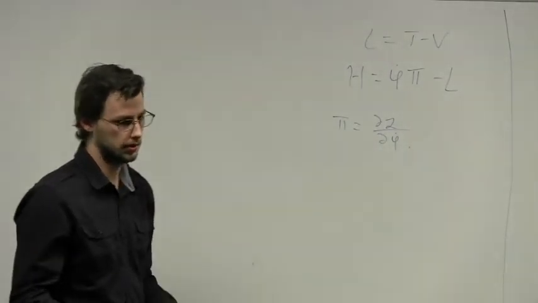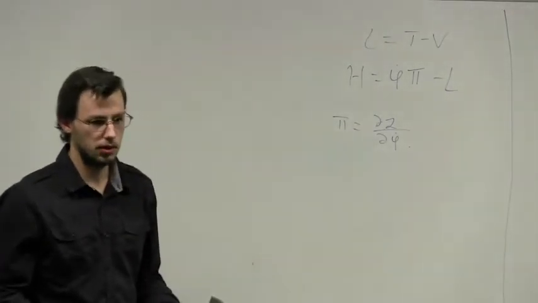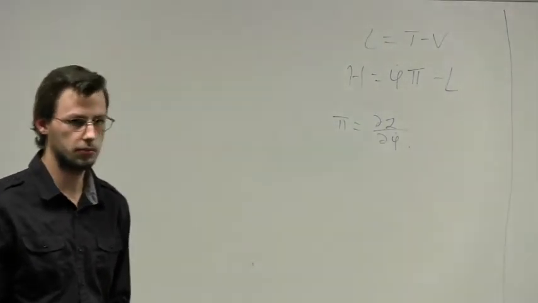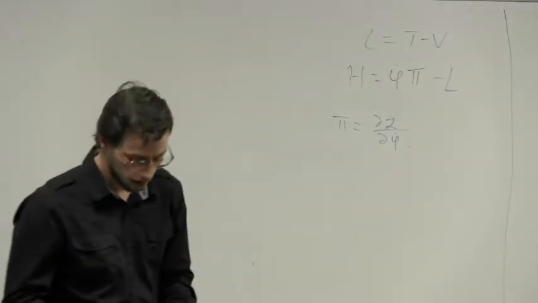But in general, it doesn't have to be that. You could have angular momenta or just some more abstract momenta. That's why it's called the generalized momenta pi and not p.